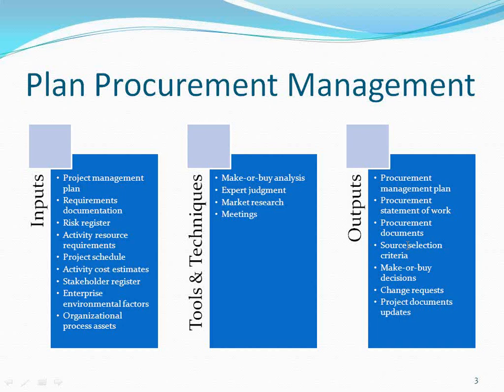So here you will document the project decisions. Everything documented. In traditional project management, what we have been discussing, it's more of documentation. So you have to document project decisions, the approach, and identify potential sellers.